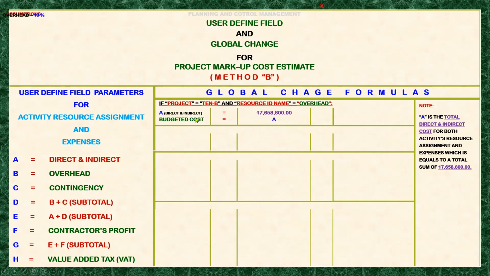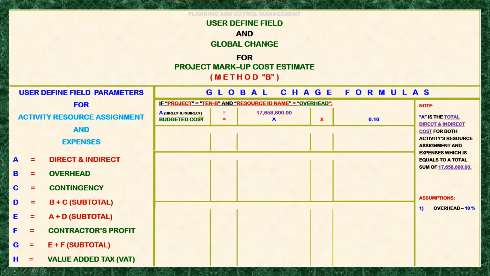Okay, that means the budgeted cost that will result is equal to A, multiplied by our assumption of 10% for the overhead. So we'll put it here. That will be the budgeted cost, which will be equal to the overhead amount.